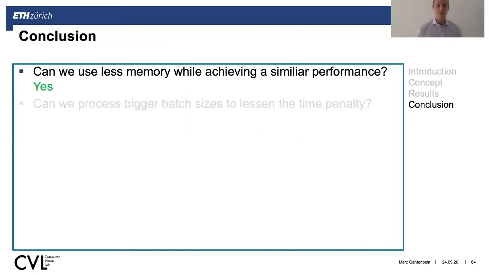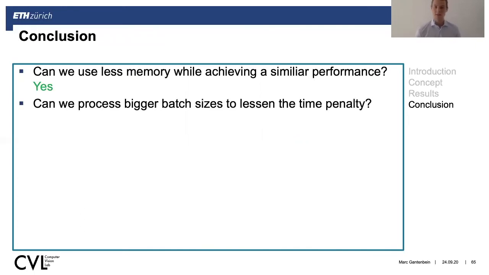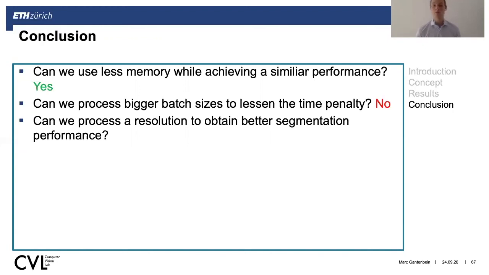And the bigger batch sizes we processed didn't prove to be of any advantage. And the higher resolution we processed proved to be beneficial in terms of the generalized energy distance. So the sample quality increased since we were able to process a bigger resolution.